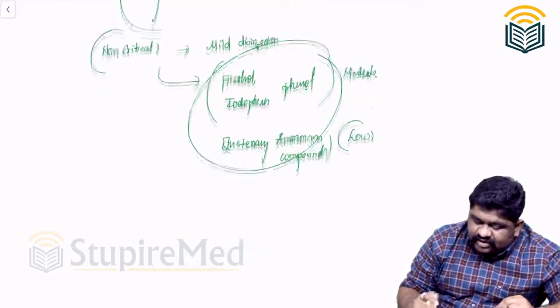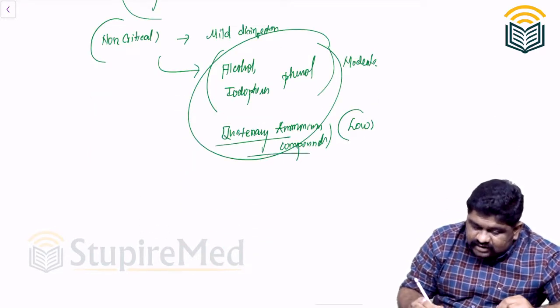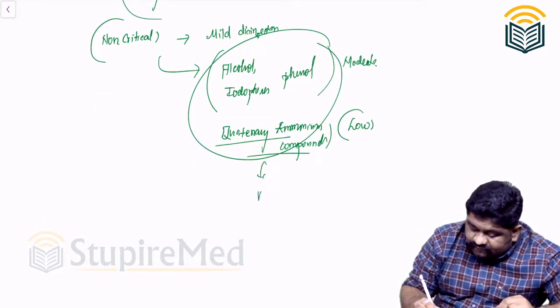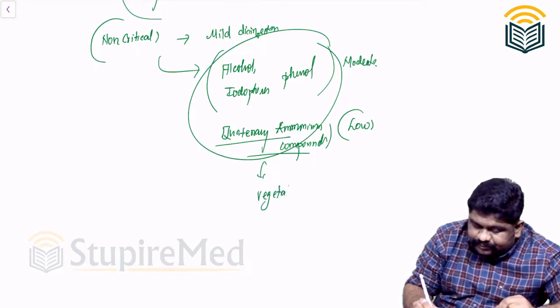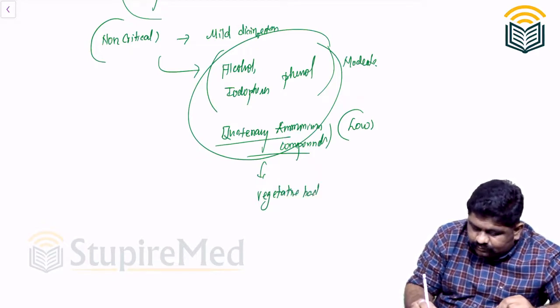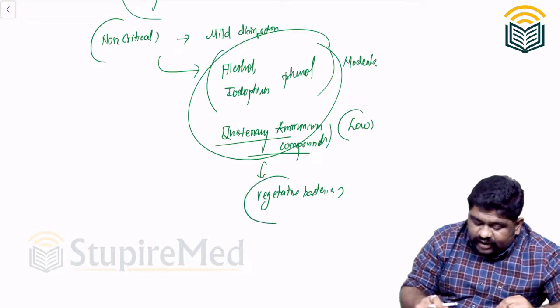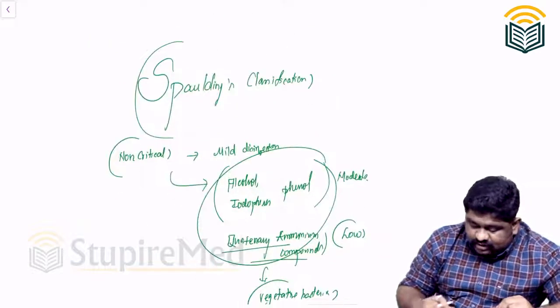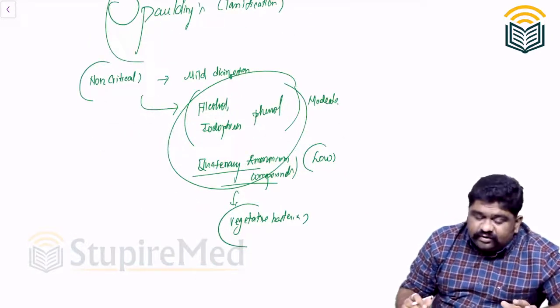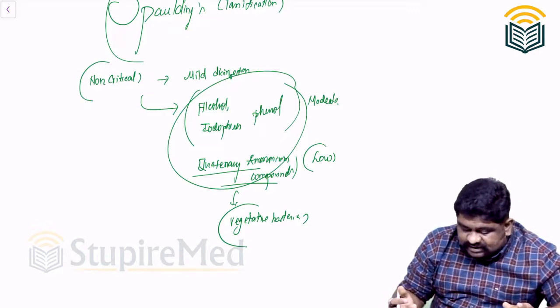Also remember, these quaternary ammonium compounds can actually have a role to play only in vegetative bacteria, lipids, and viruses.